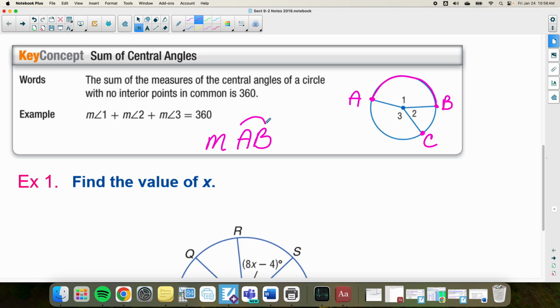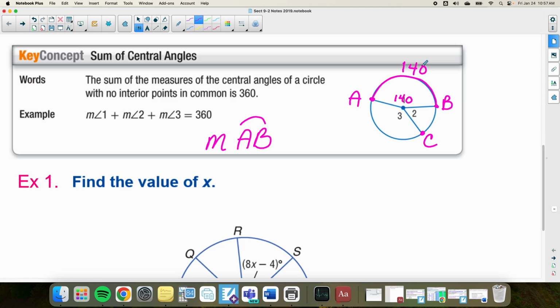And one big thing that we're gonna learn today is that the 3 angles inside of a circle are, do you know how many degrees? 360, okay? So if you knew angle 1 and 2 and you had to find angle 3, you could add and subtract from 360. And whatever this angle is, that's what its arc is, okay?